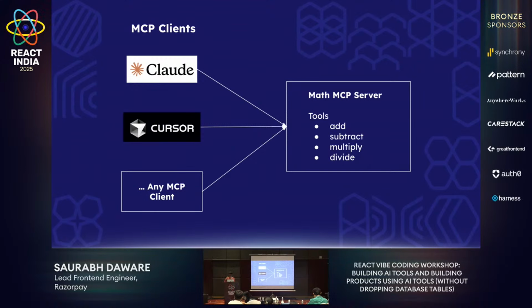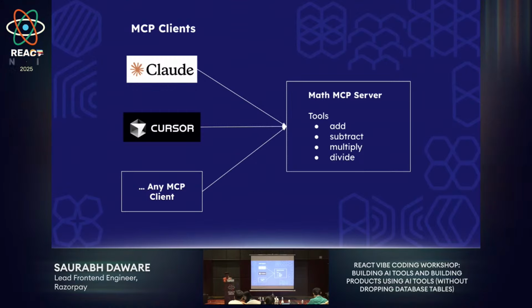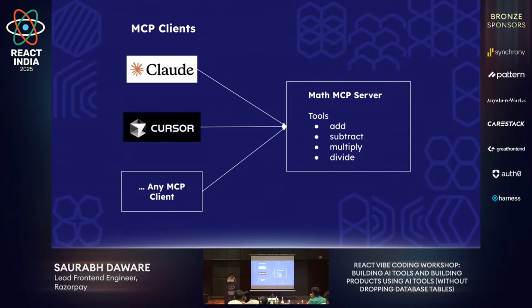These tools are defined in a standard way so that any MCP client, whether it's Claude, Cursor, or any other MCP client in the market, can call the same MCP server and get the response. So if you have a math MCP server that exposes these tools and functions, in Claude you can put something like "add these two numbers" and it will make a call to the add tool and return the response. So these are the sort of tools that you expose for AI to do operations.